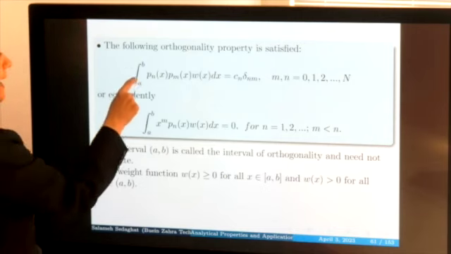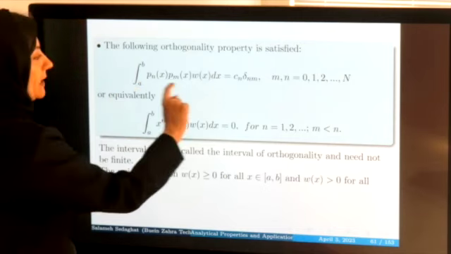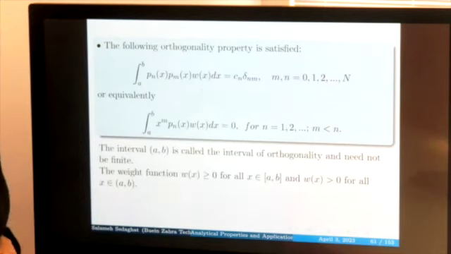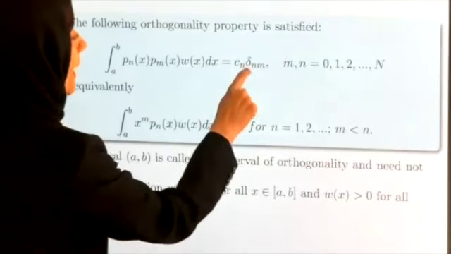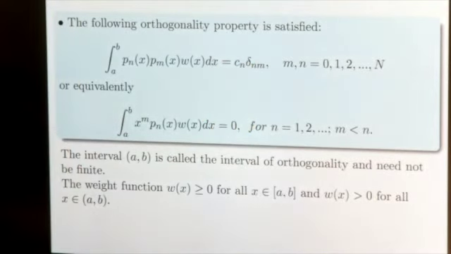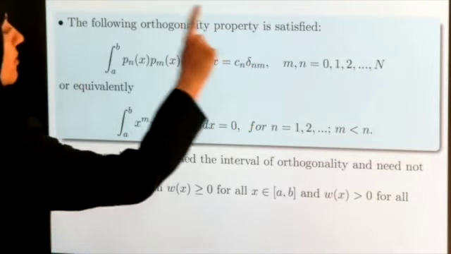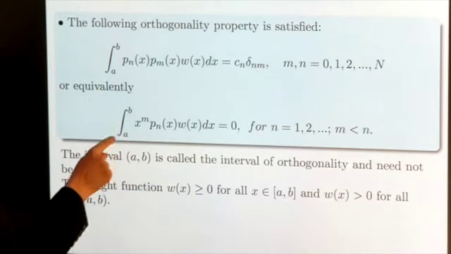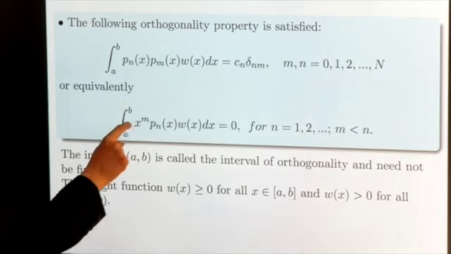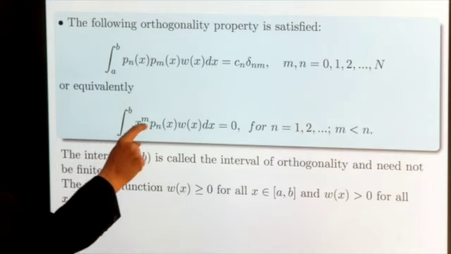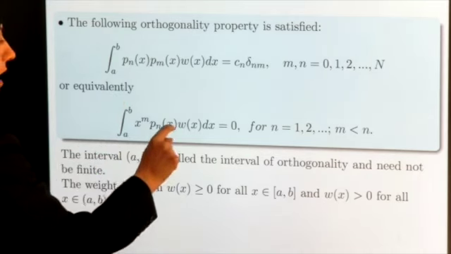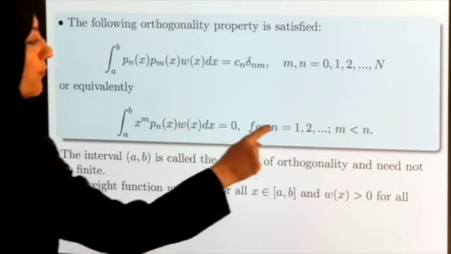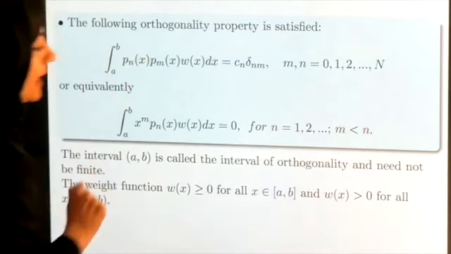Integral from a to b of this product equals Cn Kronecker delta of n and m. We can write this integral as this integral. We can write the integral from a to b of x to the m times Pn of x times w of x equals 0 for m less than n.